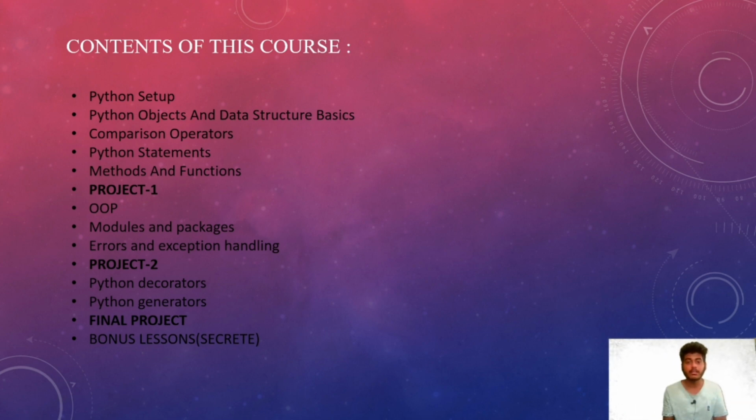So we will start the second project. After completion of the second project, we go to Python decorators and then Python generators. Everything will be taught, and after that we will combine all the learnings and dive into our final project. That will be a big project in my view.